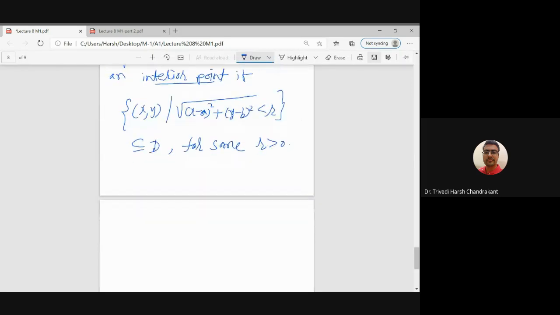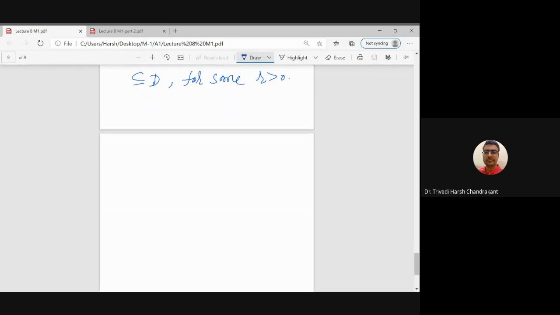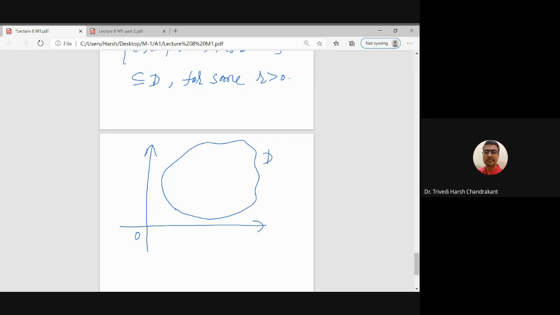So let us see what this geometrically means. If we draw the diagram, our set D is a subset of R2.